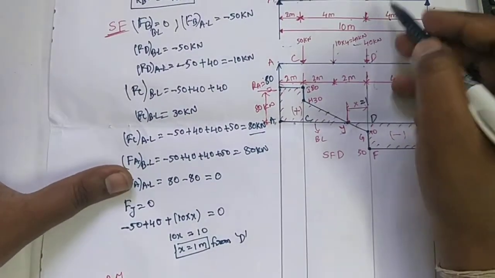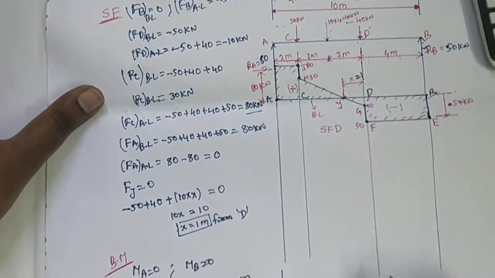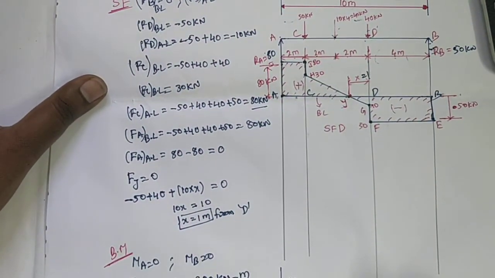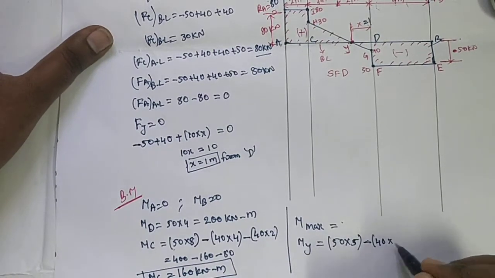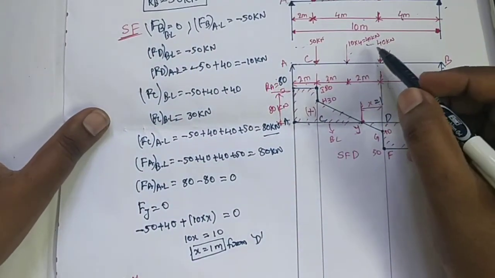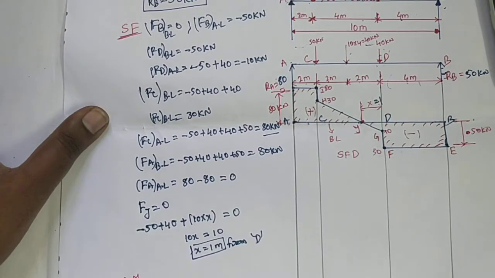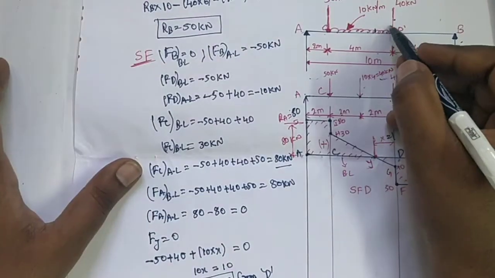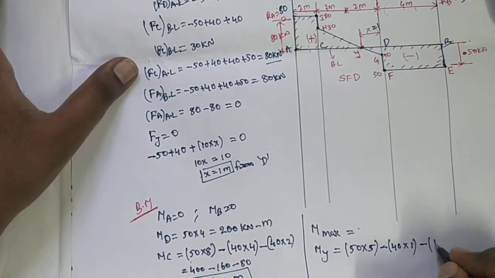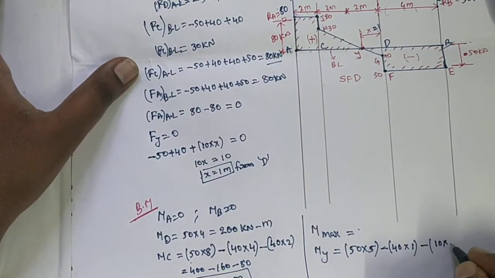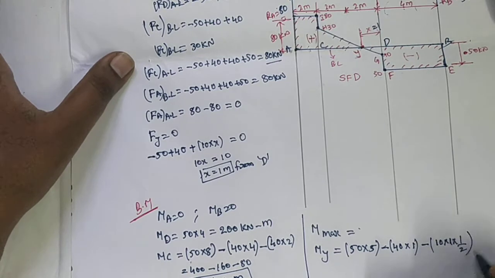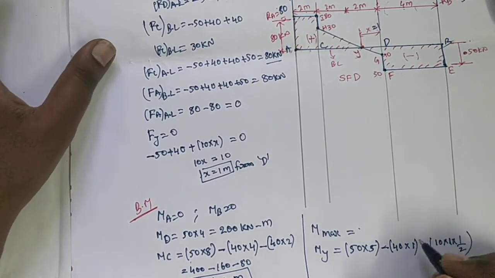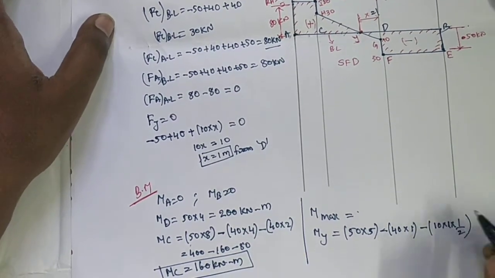Next, the 40 load is acting clockwise, so that it can be taken as minus 40 into the distance from this point to this Y, which is 1. Next, the UDL load acting on the beam is 10, written as 10 into 1, into 1 by 2, because it is acting at midpoint of x distance, so that it can be written as 1 by 2.